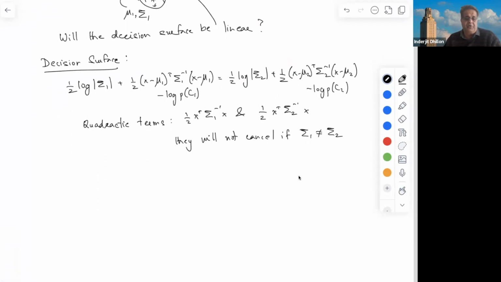Next time, we will move on to talk a little bit about other ways of doing classification. We'll in particular talk about logistic regression, which used to be one of the best ways of doing classification along with support vector machines.